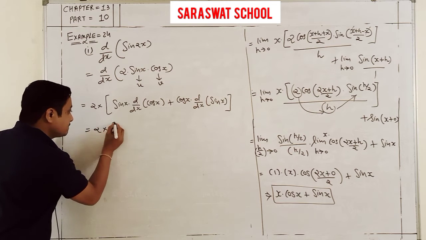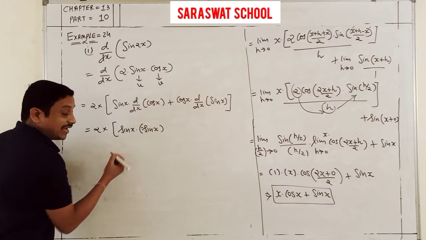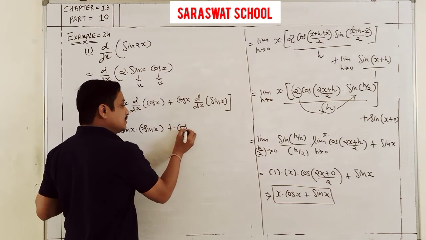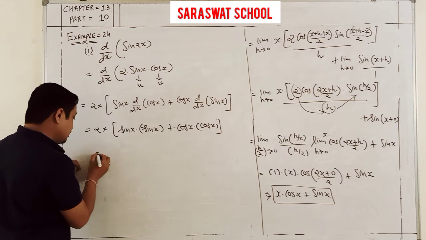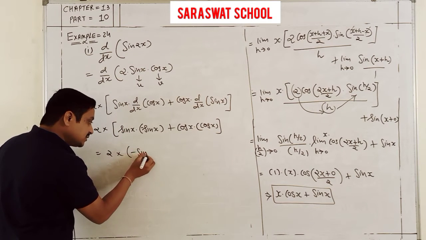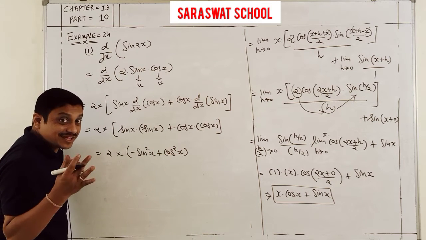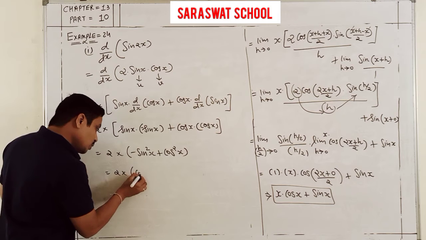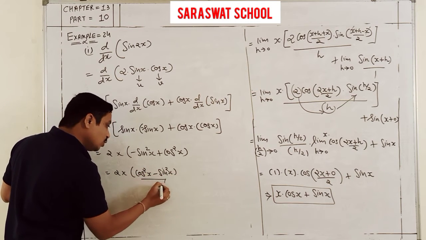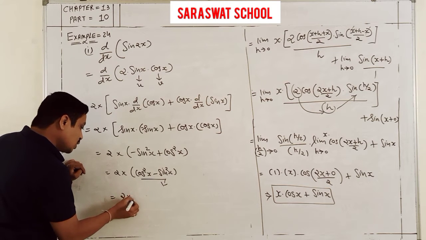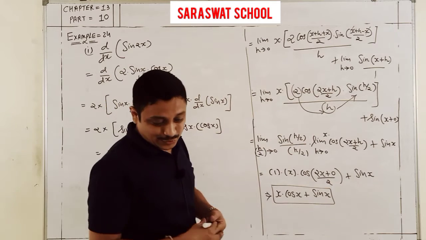So 2 same sin x, cos derivative is minus sin x, and here cos x, sin derivative. So you have minus sin square x plus cos square x. Just I rearrange: cos square minus sin square, and that should be the known formula, which is cos 2x. Either this answer is also correct and the second answer is also correct.